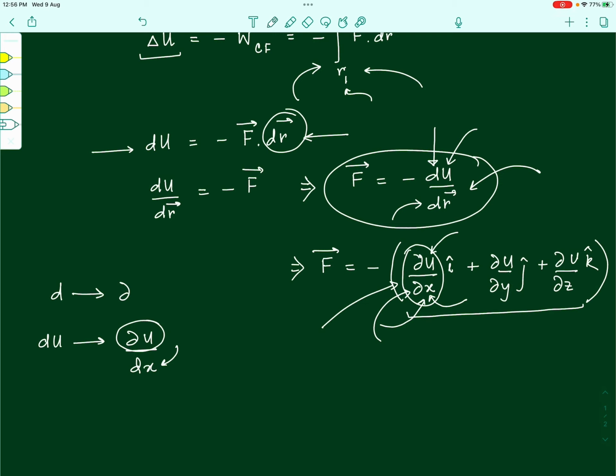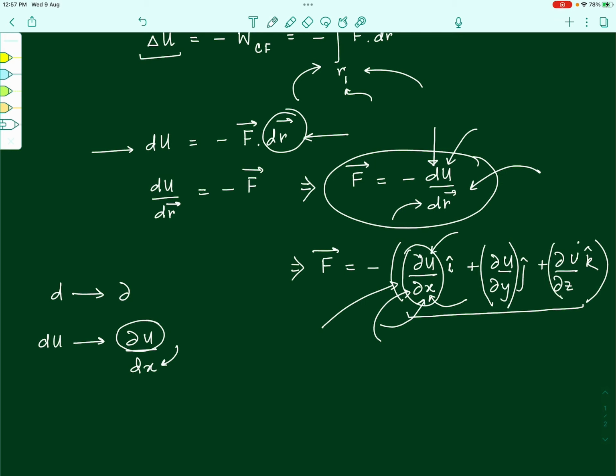What do we mean by partial differentiation? It means we are differentiating u only with respect to x and considering y and z constants at the same time. Similarly, the second term, del u by del y, is the partial differentiation of u with respect to y. That means we differentiate u with respect to y considering the other two variables x and z constants.